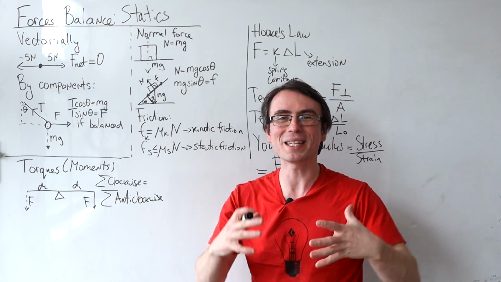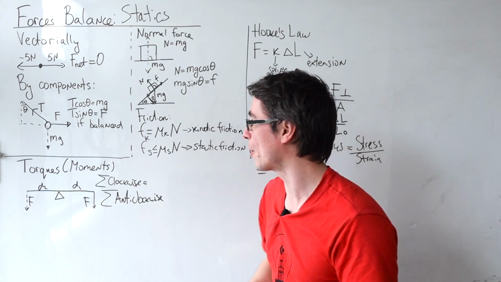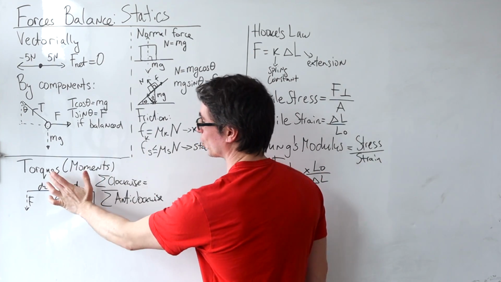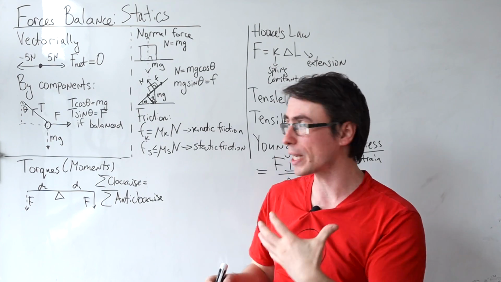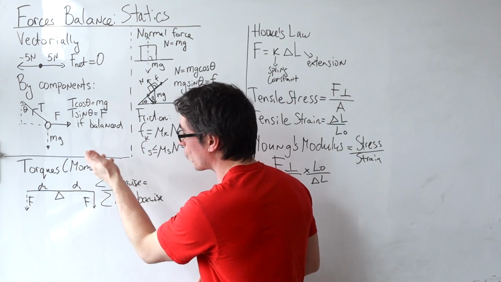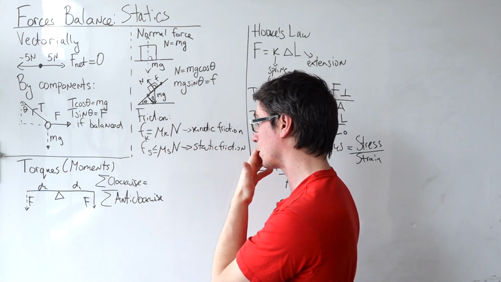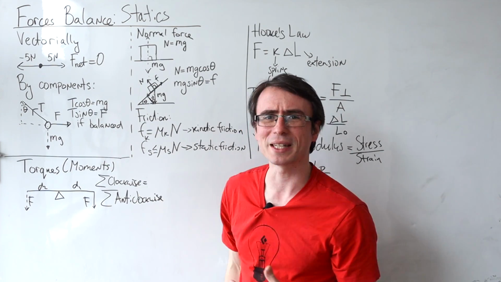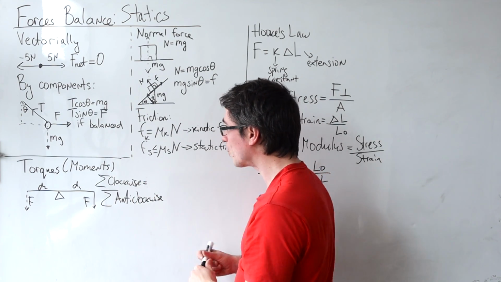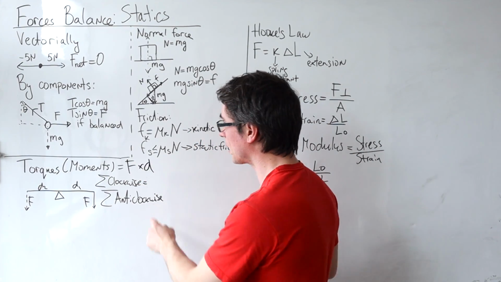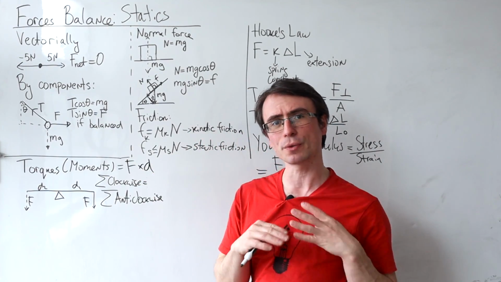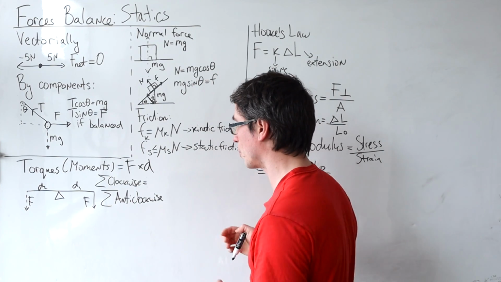For an object to be completely in equilibrium though, we also need to balance out the torques. Now this can get a little bit confusing. In the UK we call the moment what in many other places is known as torque, so I'm going to use them interchangeably. I mean the amount of force multiplied by the perpendicular distance from the line of action of the force to the actual pivot.